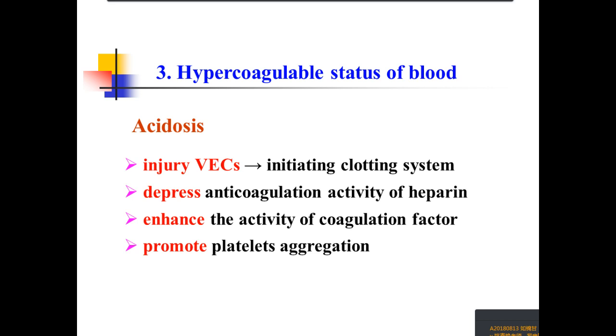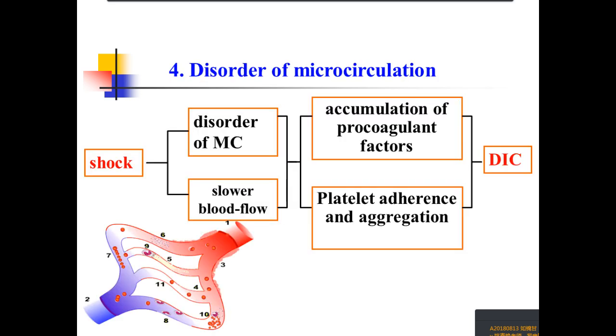Now, acidosis can enhance the activity of coagulation factors, leading to coagulation factor increase. Now, it can lead to platelet aggregation. So, with severe acidosis, the patient develops DIC easily. Now, it is hypercoagulable status of blood.